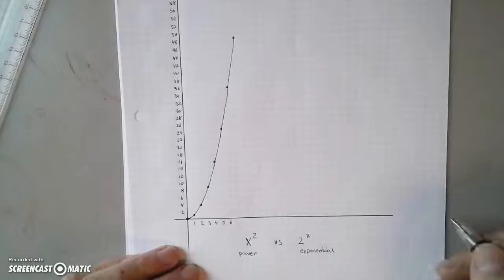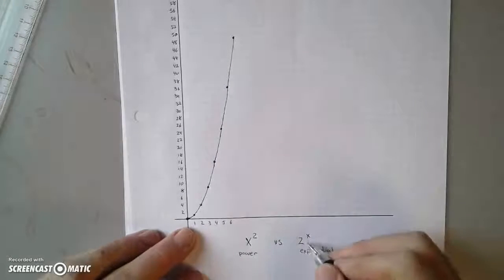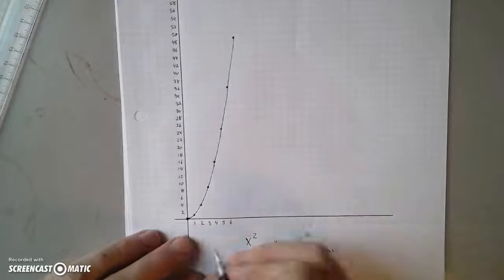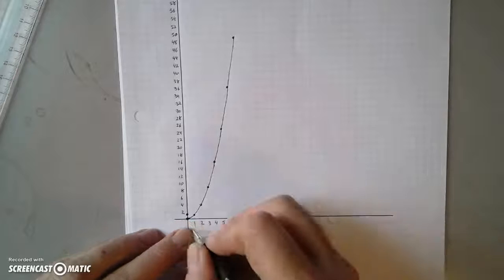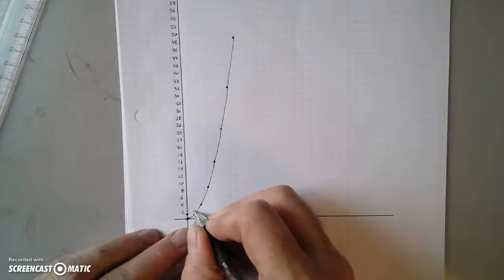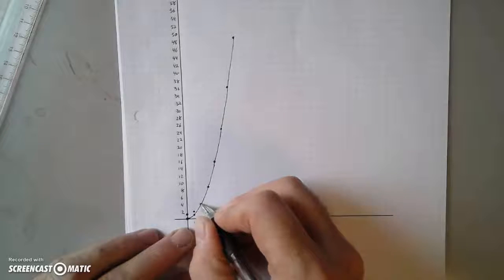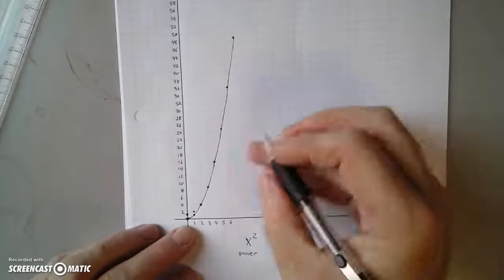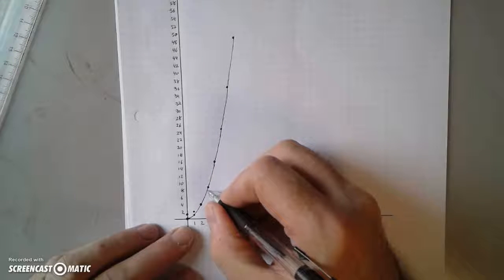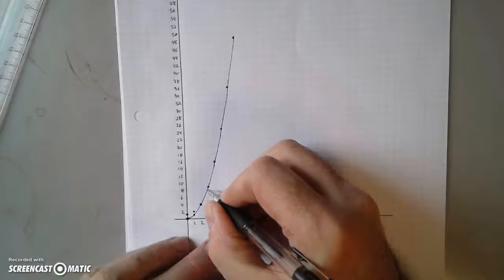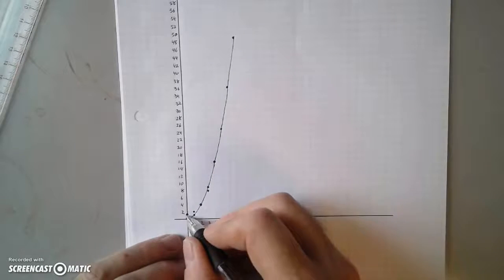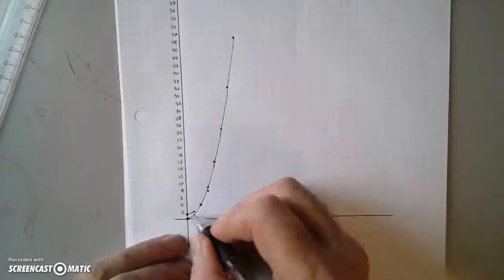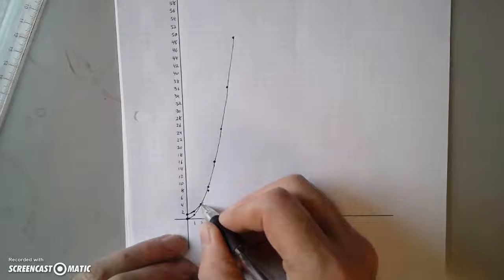Now what about 2 to the x? Alright, so 2 to the x. When x is 0, 2 to the 0 is 1. 2 to the first power is 2. 2 squared is 4. 2 cubed is 8. 2 to the fourth power is 16. So let's start sketching these in.